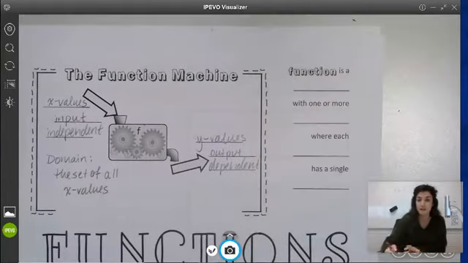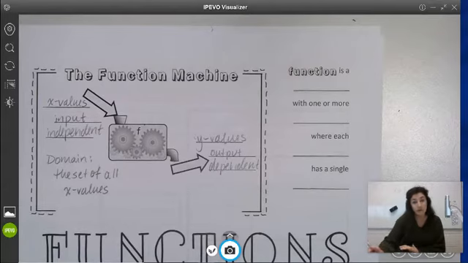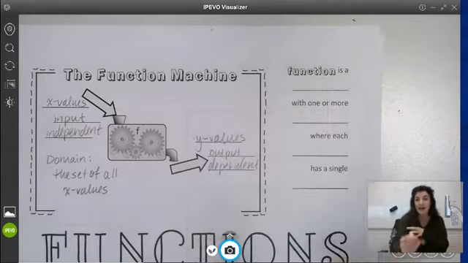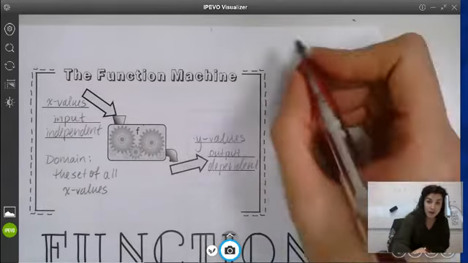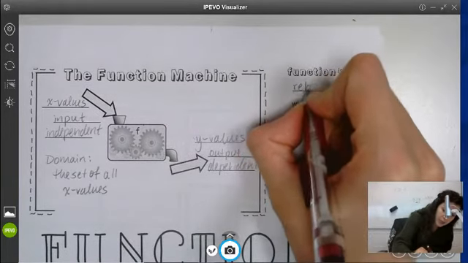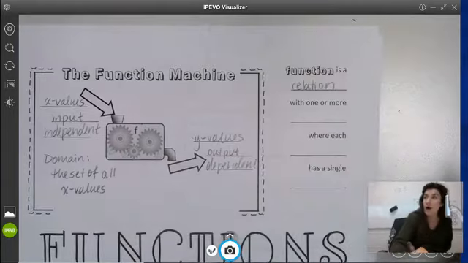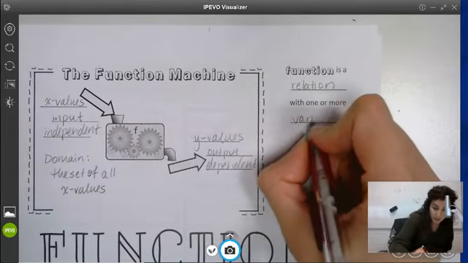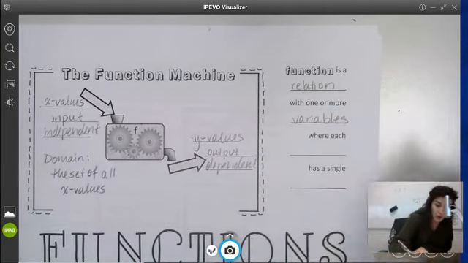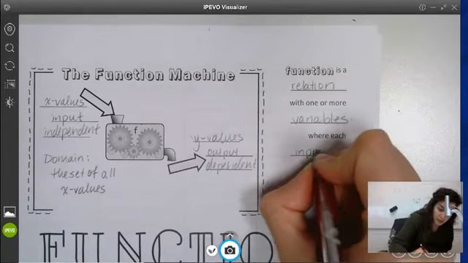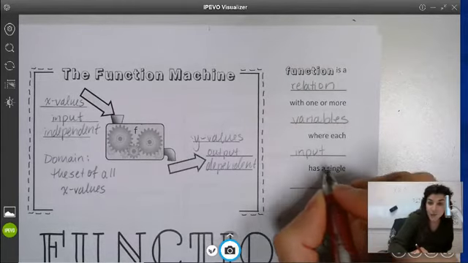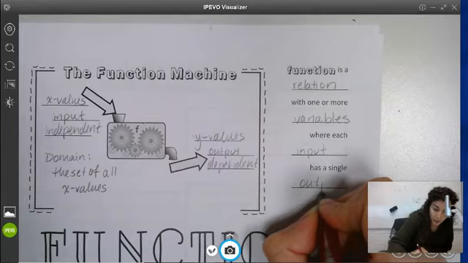There is a definition of a function. Not everything that you can graph is a function. Not every equation that you see is a function. So there are very specific types of equations, very specific types of graphs that are classified as a function. A function is a relation with one or more variables where each input has exactly one single output.